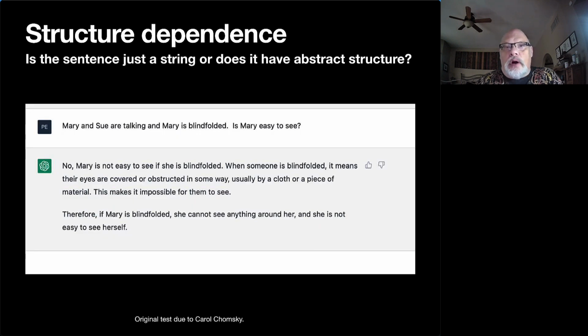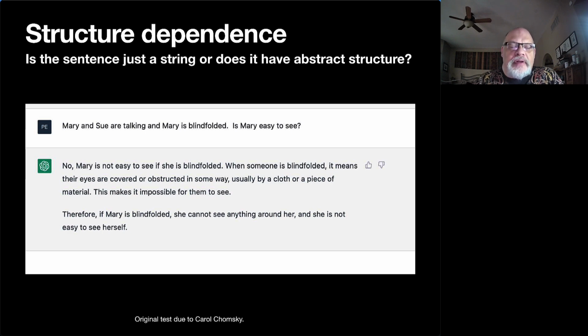Okay, here's one more. This is an old observation which was originally due to Carol Chomsky, who was Noam Chomsky's wife. There's a class of predicates that are called easy predicates.